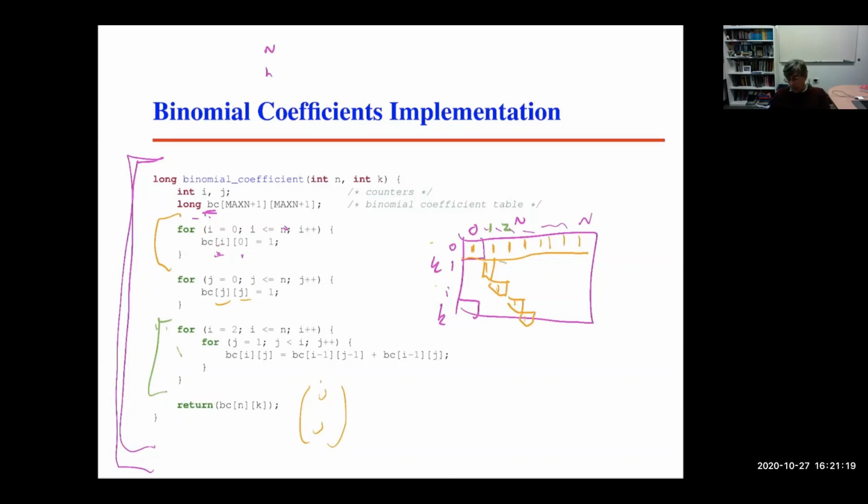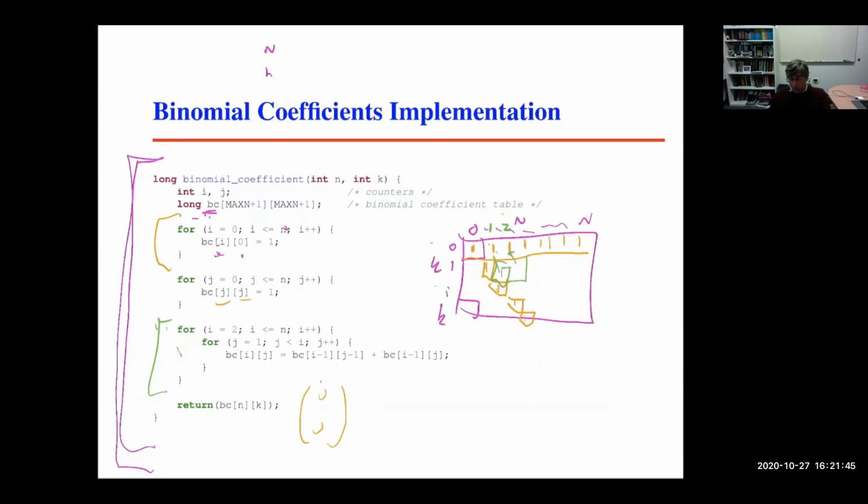This cell, which is basically going to be 2, 1, is going to depend upon 1, 1 and 1, 0. This is going to be the sum of this and that. That's going to be 1. This cell here is going to be the sum of this one and that one.